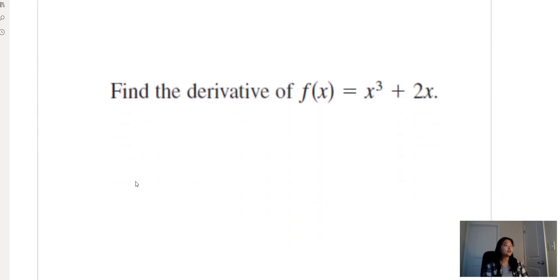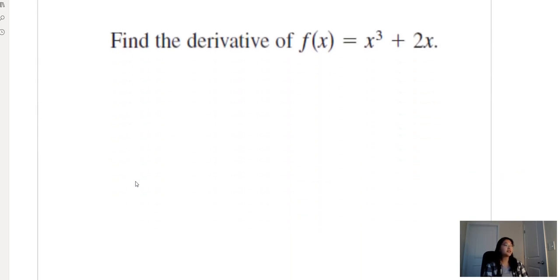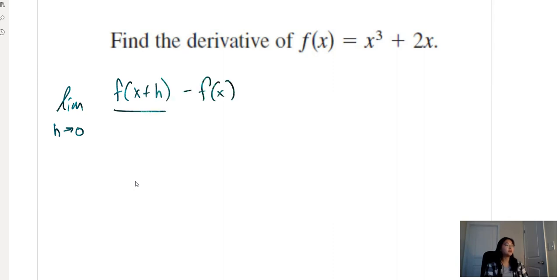So how do we find the derivative of f of x when f of x equals x cubed plus 2x? Well, let's use our limit as, let's call it h, approaches 0 of f of x plus h minus f of x all over h, and plug in what we know.